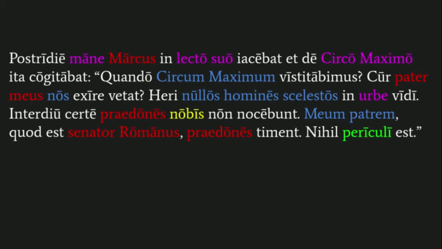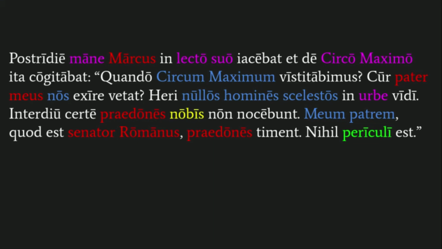He says, heri nullos homines scelestos in urbe vidi. So yesterday, I saw, vidi, it's perfect tense. I saw, you need a direct object, right? Nullos homines scelestos, no wicked men, is what he says. I didn't see any wicked men in urbe, in the city. So he's kind of justifying why he thinks he should be able to go out. He says, I didn't see any wicked men in the city yesterday.